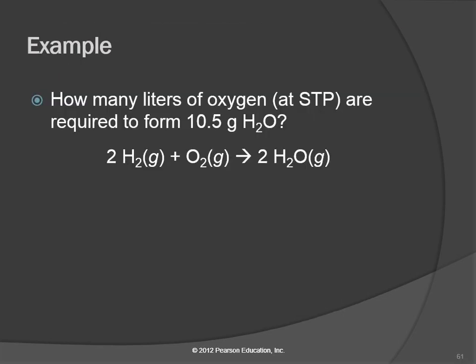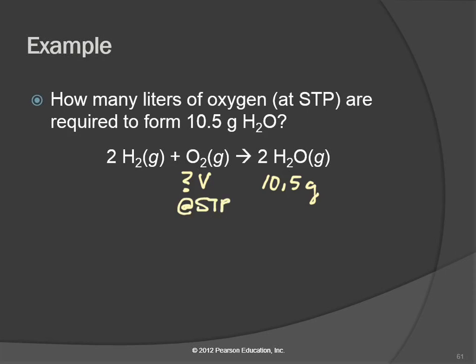If we're doing stoichiometry with a gas at STP, it's easier. So here, how many liters of oxygen at STP are required to form 10.5 grams of water? So we're given 10.5 grams of water, and the question is, how many liters at STP?